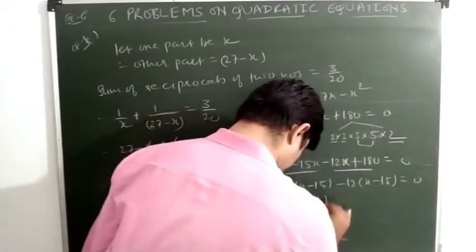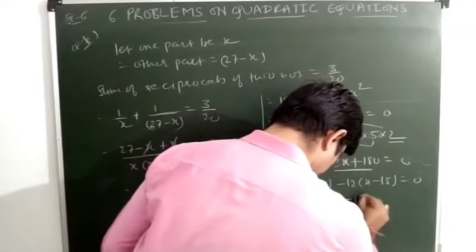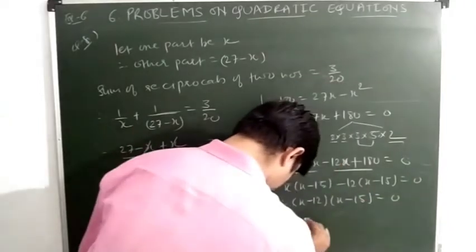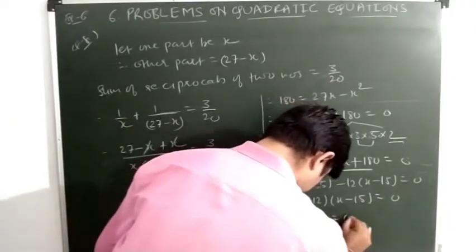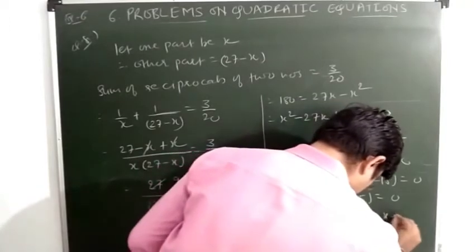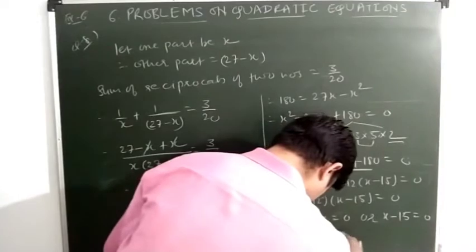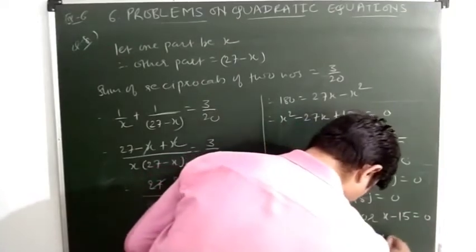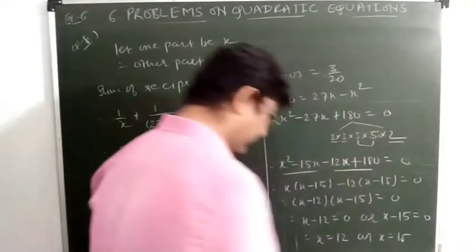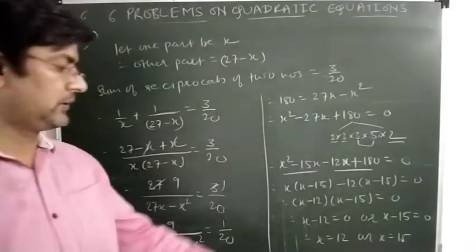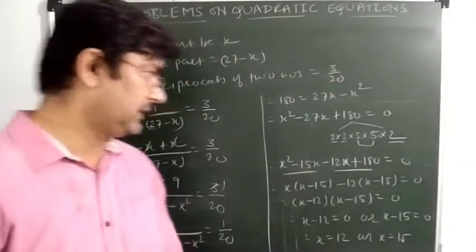Therefore (x minus 12) into (x minus 15) is equal to 0. Therefore x minus 12 is equal to 0, or x minus 15 is equal to 0. Therefore x is equal to 12, or x is equal to 15, and therefore the two numbers are 12 and 15.